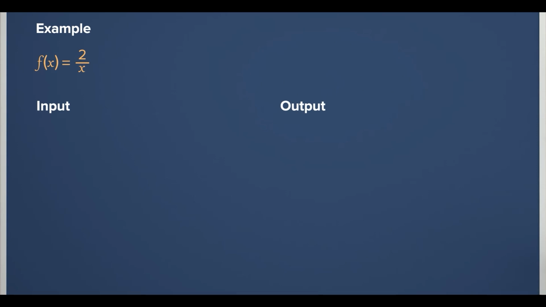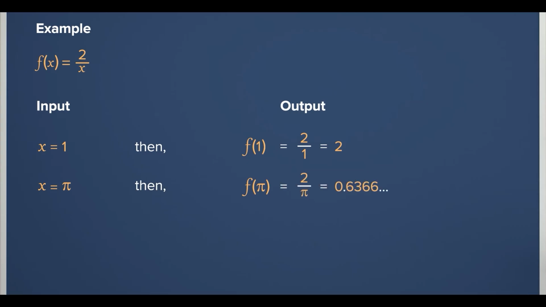When we input some x values, for example, if x is equal to 1, then f of 1 will give us 2. And if x equals pi, then f of pi will give us 2 over pi, which is a real value. However, if we attempt to input x equals 0, then the output will be 2 over 0, which is undefined.